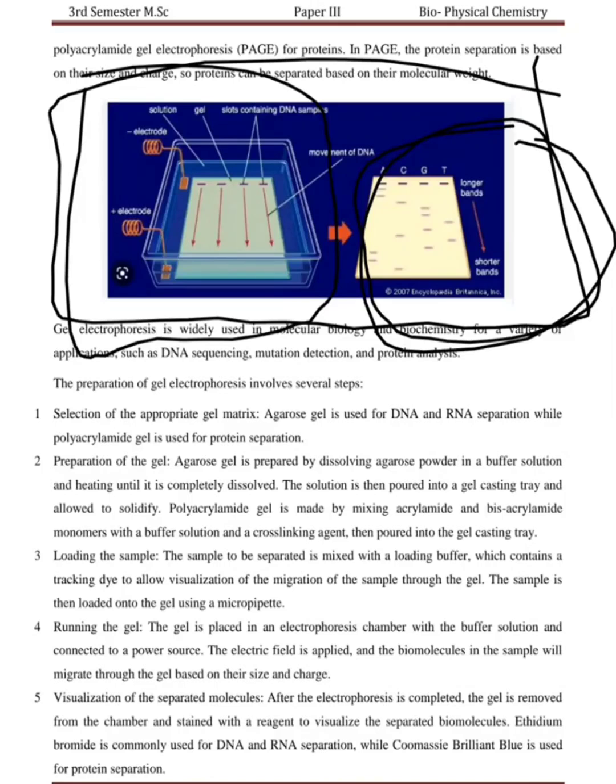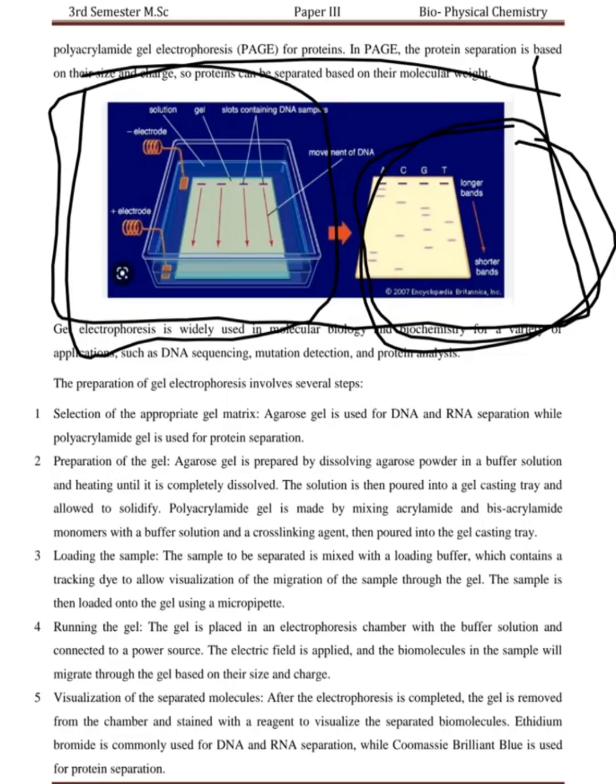There are different types of gel electrophoresis. Agarose gel electrophoresis is used for DNA and RNA separation, and PAGE, that is polyacrylamide gel electrophoresis, is used for protein separation.